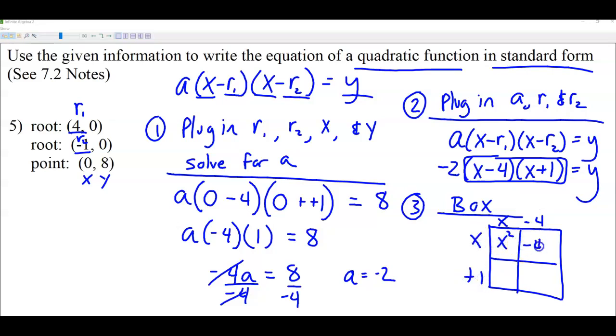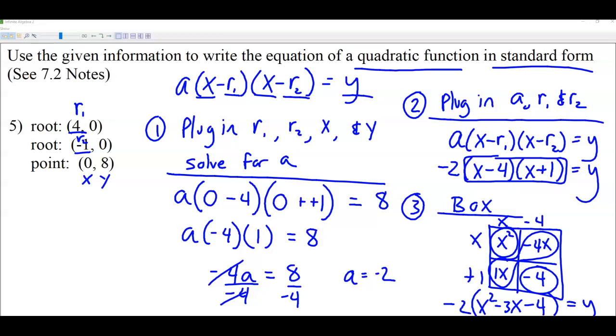We multiply to fill in our box. So we have x squared. These two are like terms. 1x take away 4x is -3x. And then we have -4. The y is still here, and the -2 is still in front.